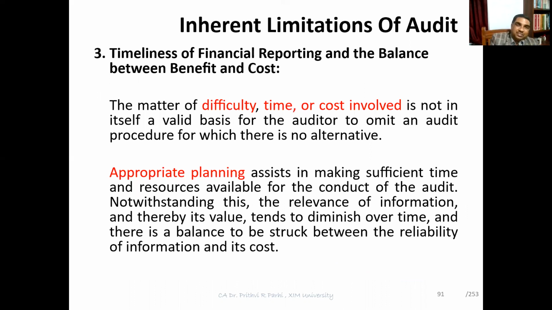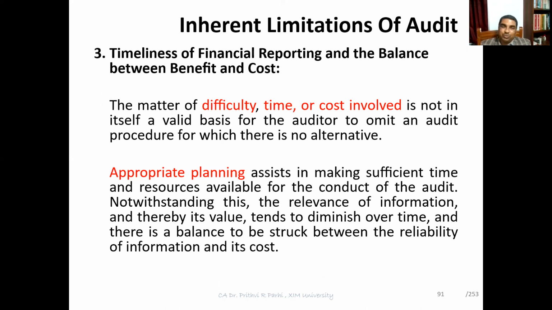Now, the third source of inherent limitations of audit is the timeliness of financial reporting and the balance between benefit and cost. The matter of difficulty, time, or cost involved is not in itself a valid basis for the auditor to omit the audit procedures.